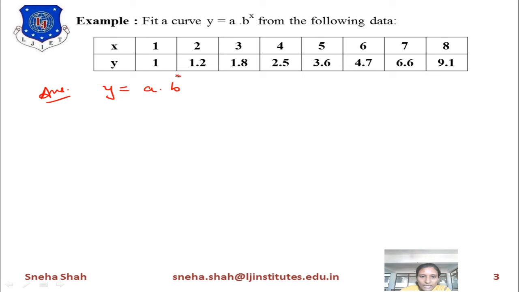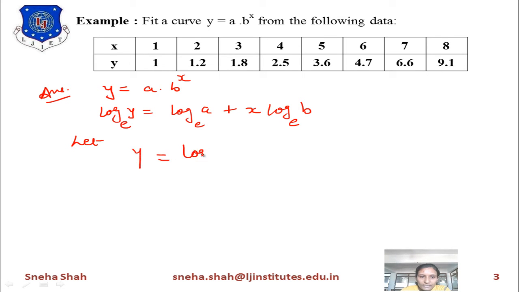y equals a into b raised to x. As I am taking log y, it is with the base e. So over here it becomes log a base e plus x log b. It is in the form of base e. Now you can take this term as y, so let us take capital Y equals log y base e.